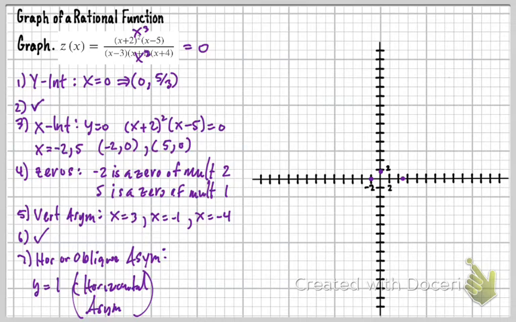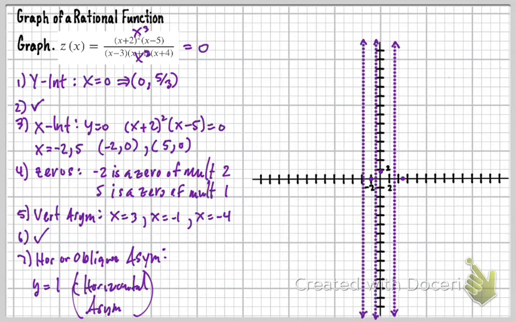And then we have here the zeros, -2. The -2 is multiplicity 2, so that simply means we bounce off. Okay, the vertical asymptotes are at x equals 3, -1, and -4. So I'm going to put those in. So at 3, that's right here.